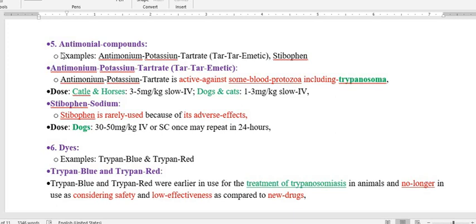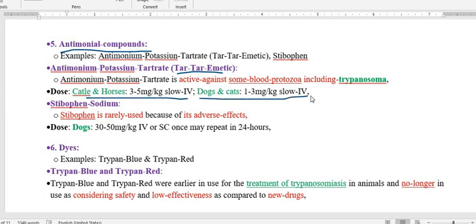Next is the last of the anti-trypanosomal drugs. Antimonial compounds are not very much in use because of the low margin of safety, and we have better choices.